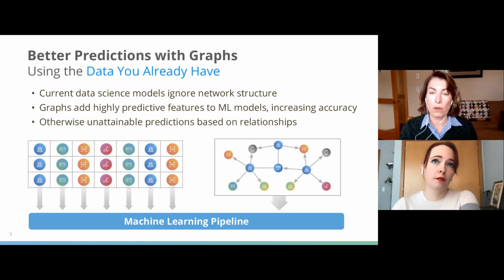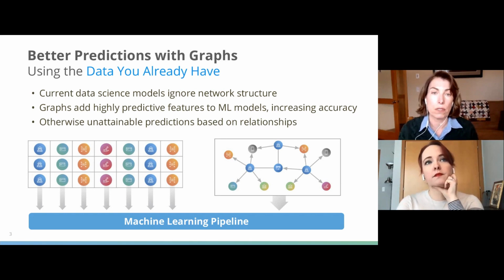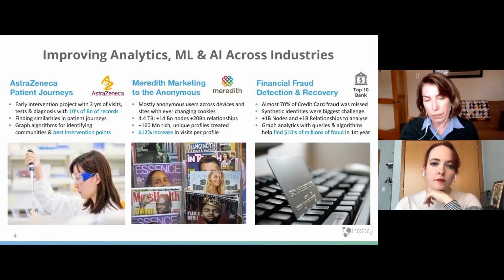If you have a machine learning pipeline, include the relationships you already have with the features that you're already creating and with the models that you're already creating in different workflows. You don't necessarily have to do everything differently, but this is a way you can use relationships to increase the accuracy and reduce any false positives you might already be seeing in your work.